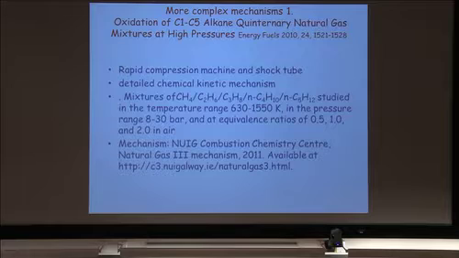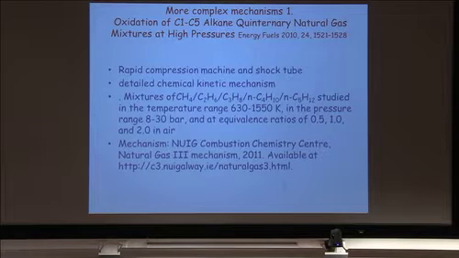Okay, so this is just a random reference for you for more complex chemical mechanisms. These are rapid compression machine and shock tube results and the detailed chemical mechanism. The mechanism comes from the group of Henry Curran in Galway, and it's dealing with these larger fuel systems.